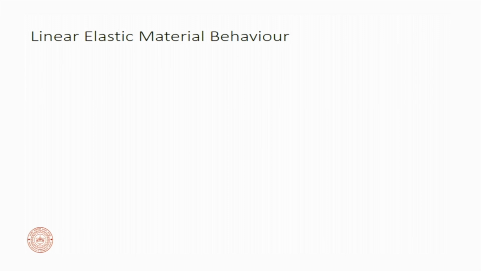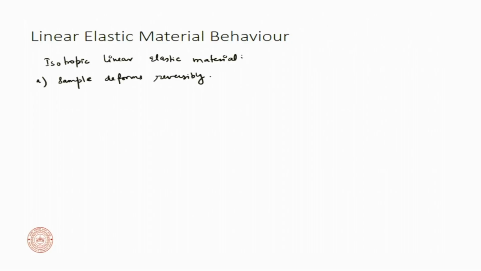With that, we will start with the most commonly used behavior, that is the linear elastic material behavior. Okay, so what is this? We are considering an isotropic linear elastic material. An isotropic linear elastic material should satisfy the following points. First is that the sample deforms reversibly.